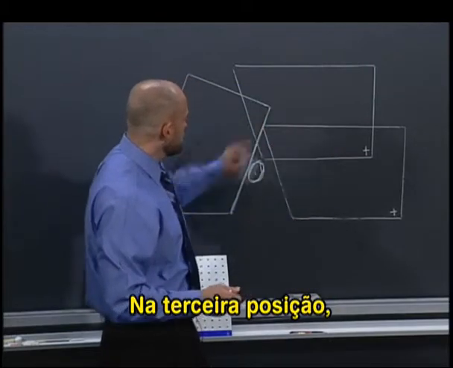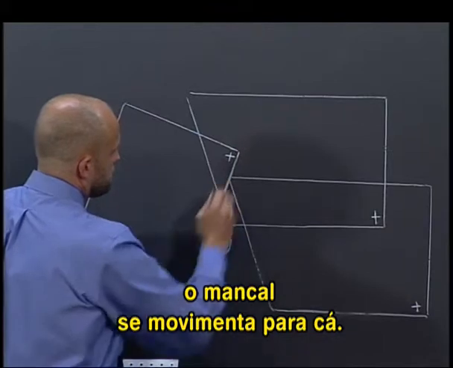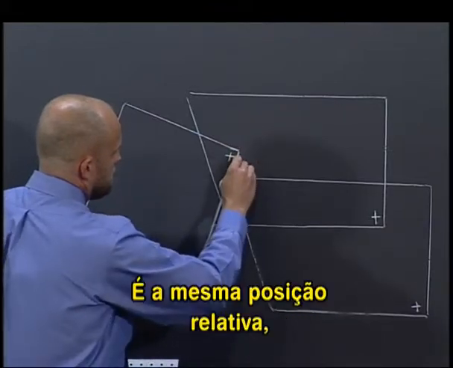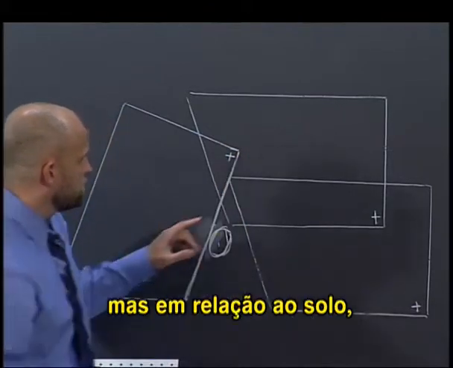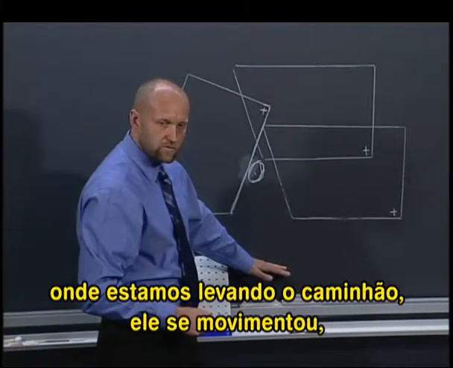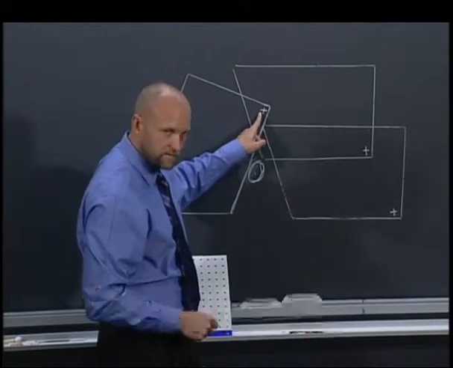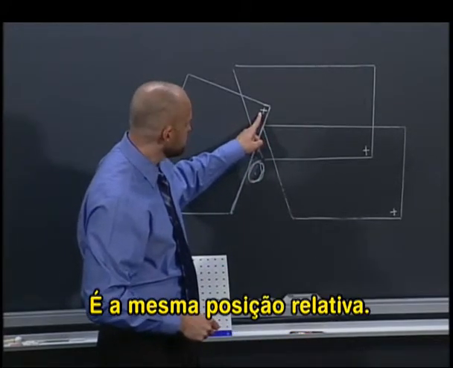Now, in the third position, again, the bearing moves to here. Again, the same relative position, but with reference to the ground upon which we're driving the dump truck, it has moved, but with respect to the bed itself, it has not. It's at the same relative location.